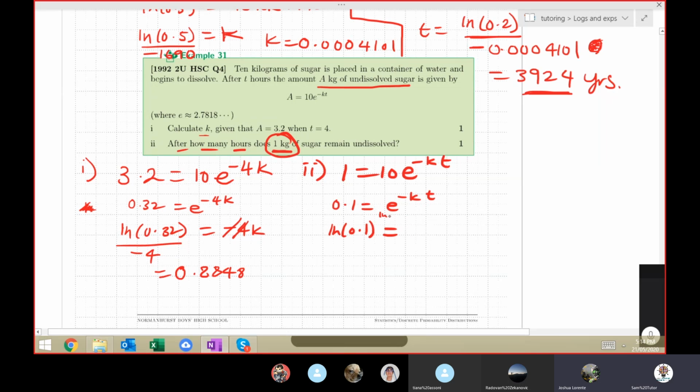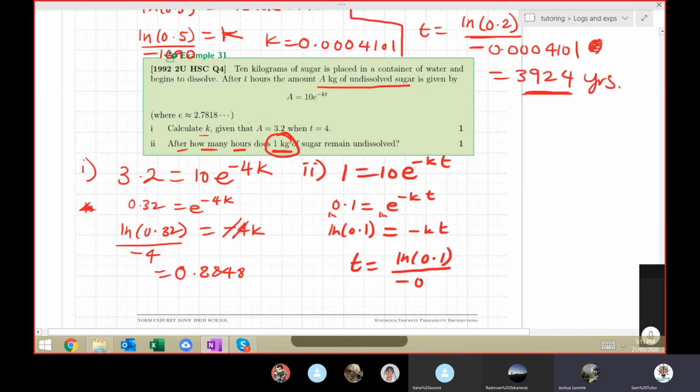If you've logged it, what are you technically left with? Negative k t. And then divide over negative k.